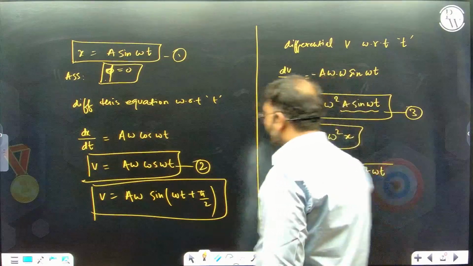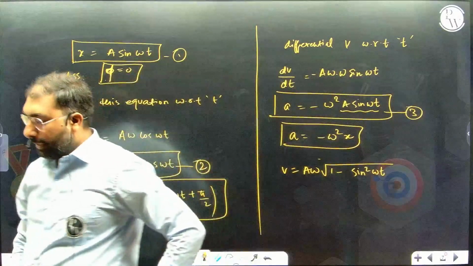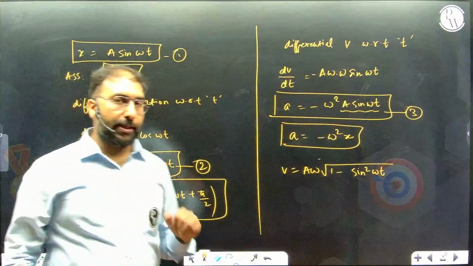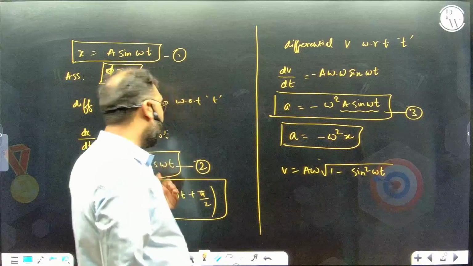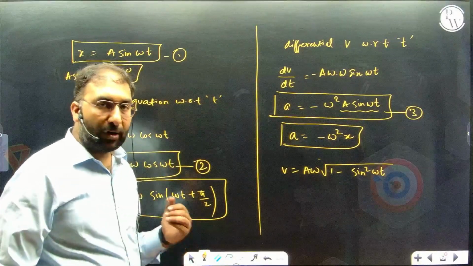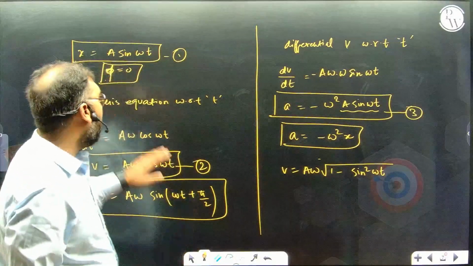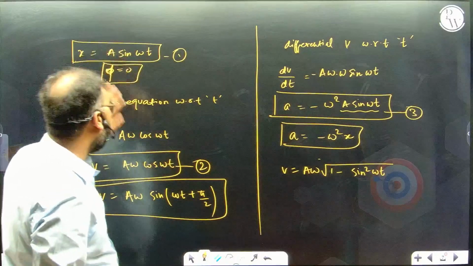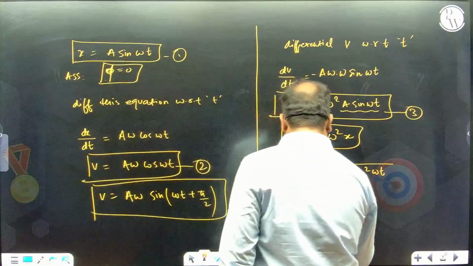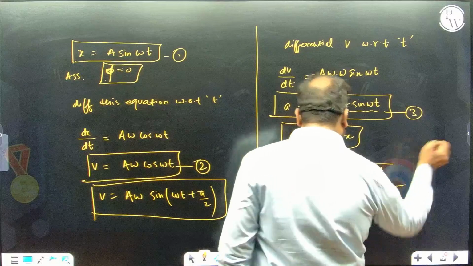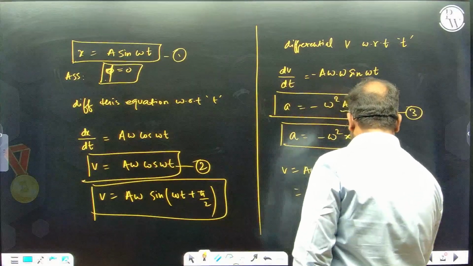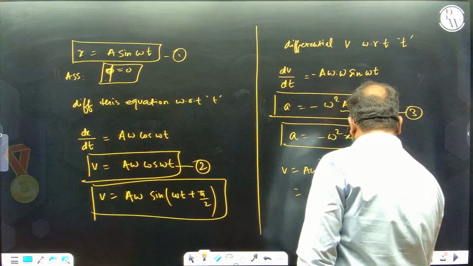By using the identity sin square theta plus cos square theta equals 1, cos theta can be written as under root of 1 minus sin square theta, and we know that sin omega t equals x by a. So it can be written as a omega under root of 1 minus x square by a square.